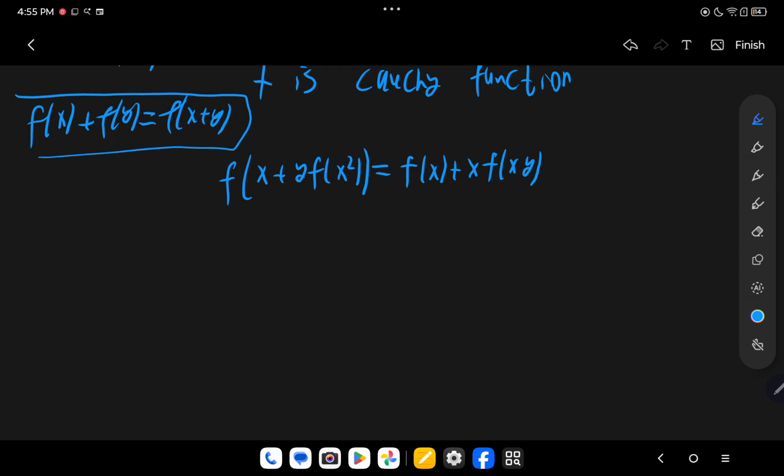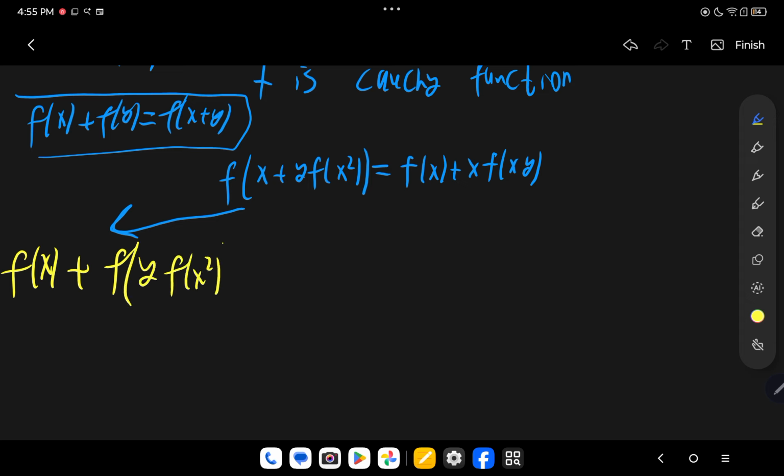Now we know that this is equal to f(x) plus f(y) times f(x) squared, because it is x plus y times f(x) squared, and this is equal to this, which is f(x) plus f(x) times x.